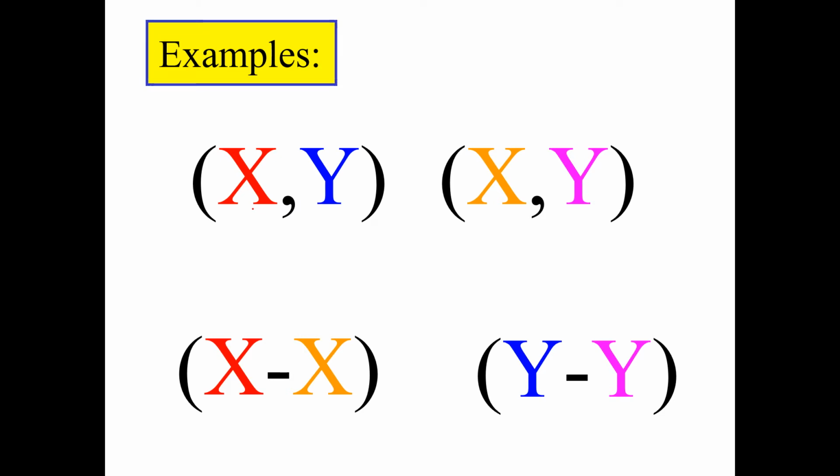So the x coordinates are the first one of each coordinate. So we can call this x1, we can call this x2, or we can call this x2 and this x1. Truthfully, it doesn't matter, but let's just do them in order. x1, x2.